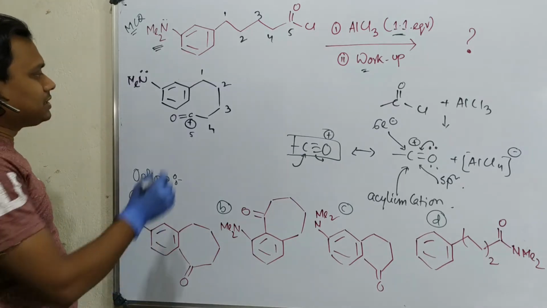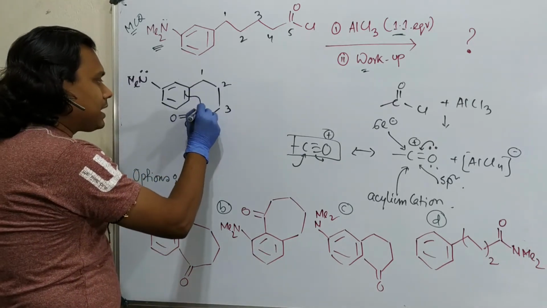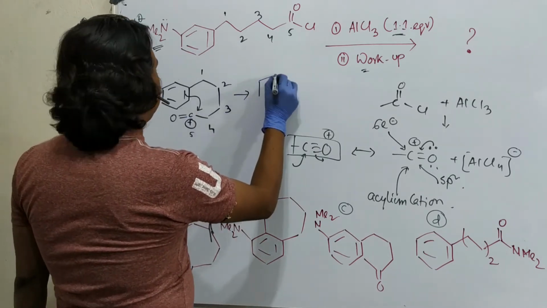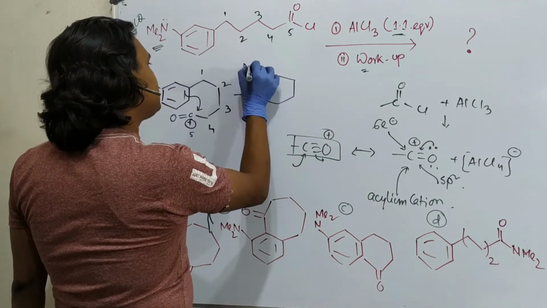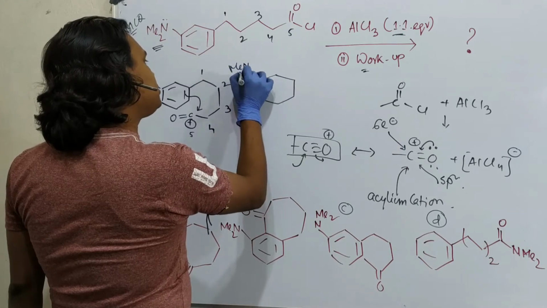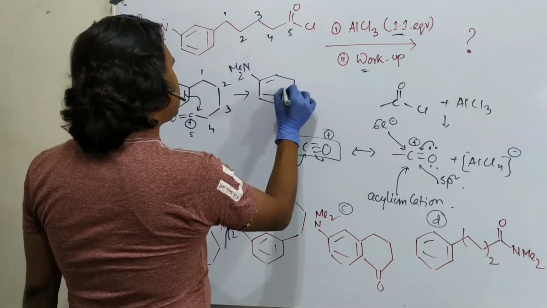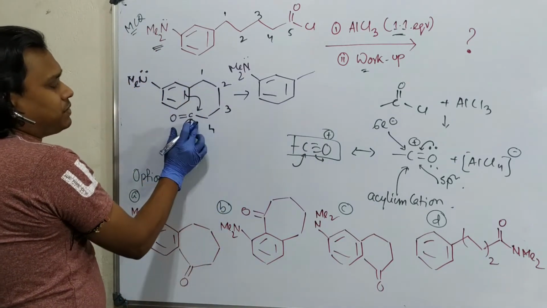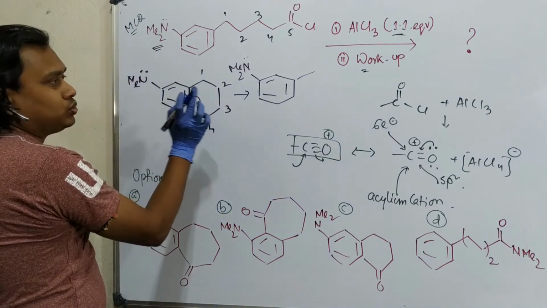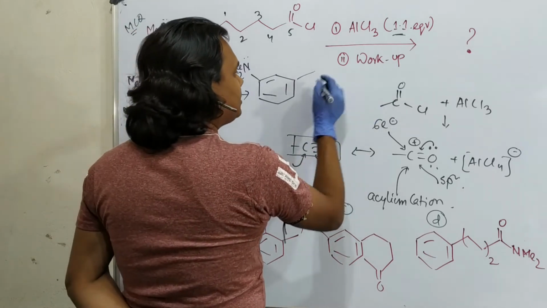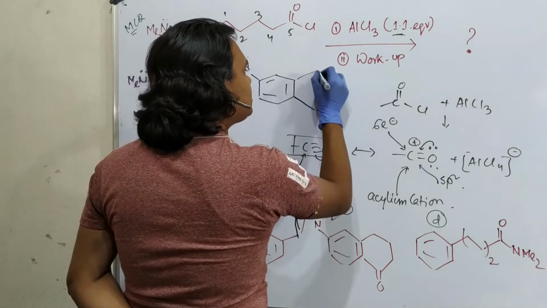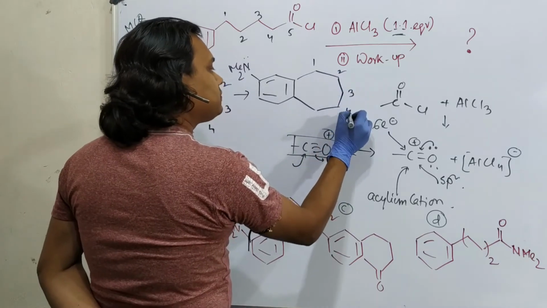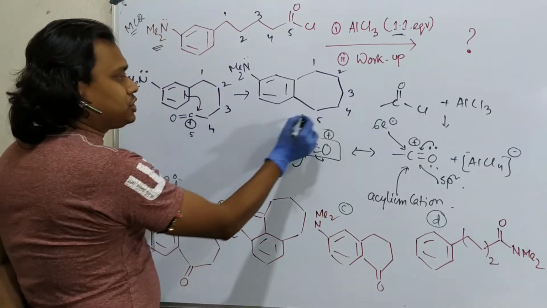So what is expected? This double bond will attack here, and it will result in this, with NMe2. Now how many ring formations are possible? This part has 5, there are 2, so a total 7-membered ring. 1, 2, 3, 4, 5, and see, position 5 has a double bond.